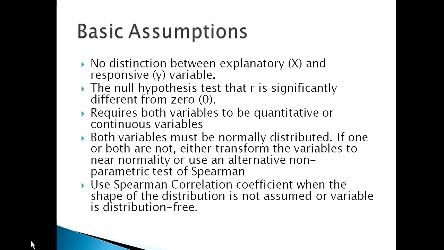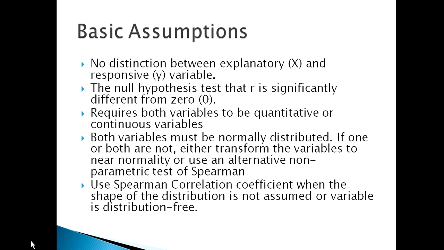Indeed, there are basic assumptions when you think to run the Pearson correlation test. The first one, there is no distinction between the explanatory, which is the independent, and the dependent variable. The null hypothesis tests that R is significantly different from 0.